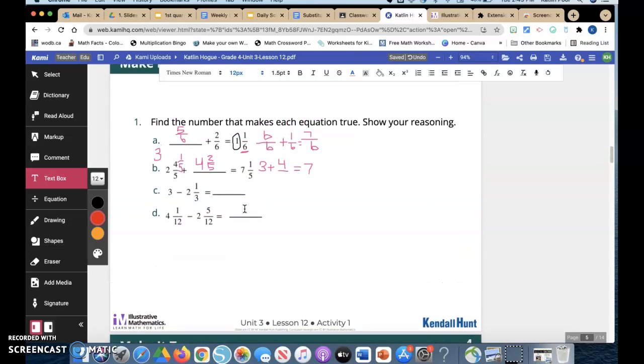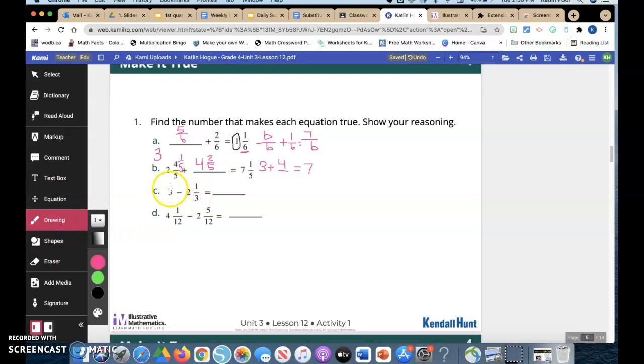C. 3 minus 2 1/3. Is there a whole number and a whole number? Can we take 3 and subtract 2 and get an answer? If we can, give me a thumbs up.